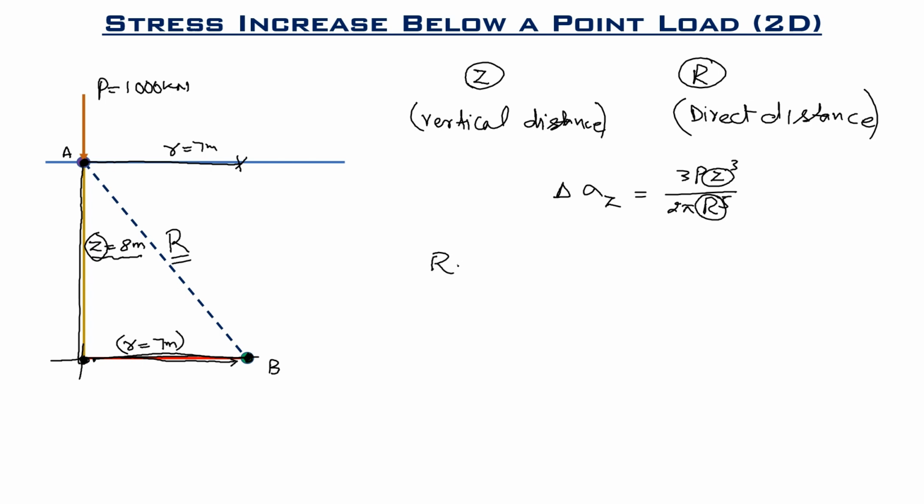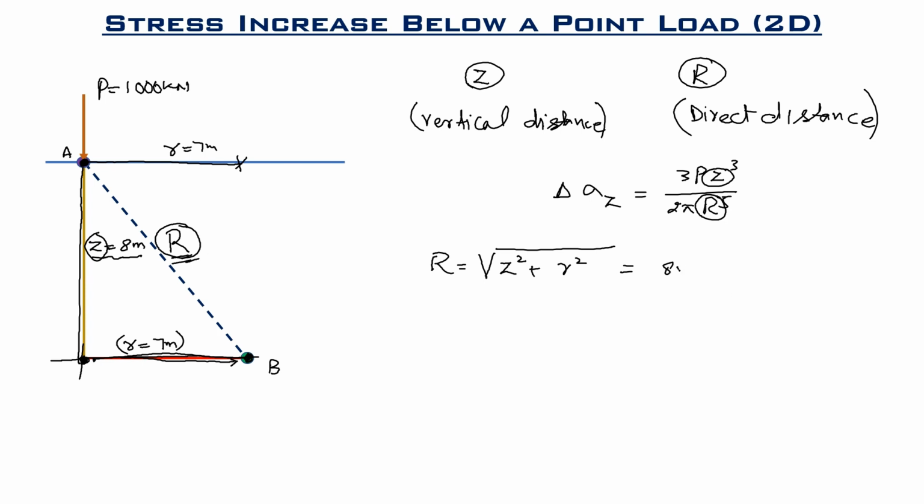R is equal to, we know this is a right angle triangle and this is the hypotenuse. To determine the hypotenuse we use the Pythagoras theorem: the square root of perpendicular squared plus base squared gives us the hypotenuse, which is R in this case.